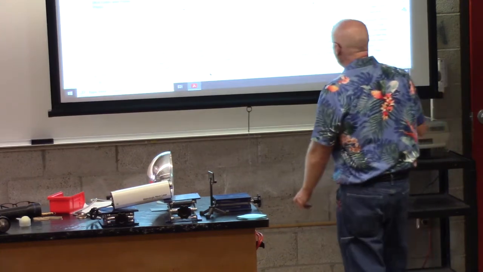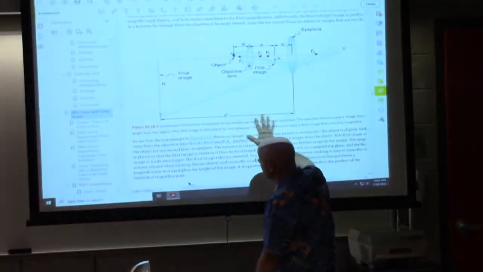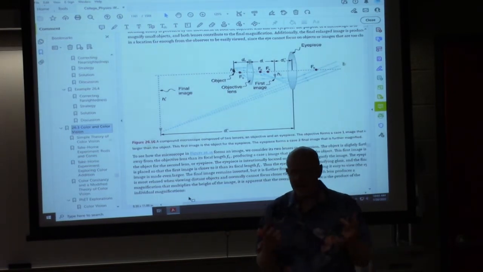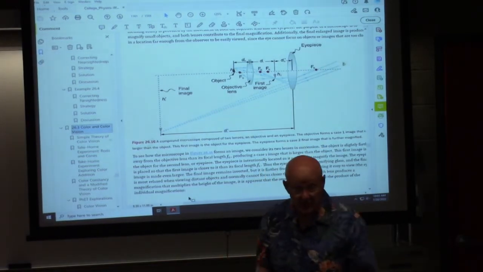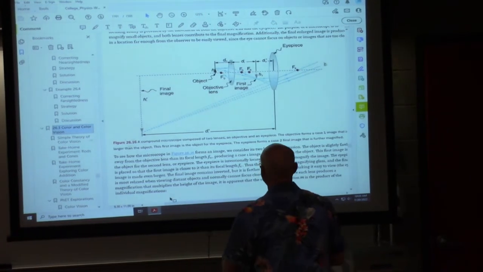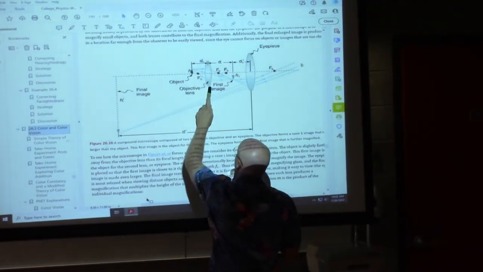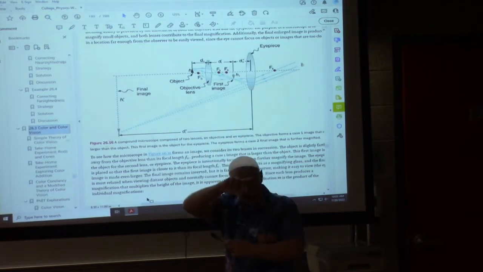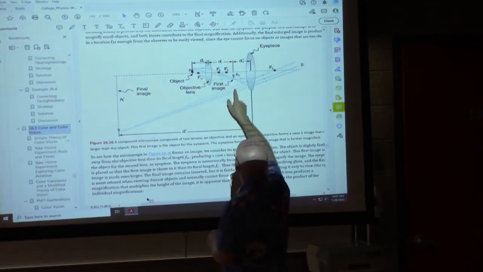And so when we talk about a microscope, we are going to get a magnification for 2 reasons. The first lens, so right here, the objective lens is going to take the object, it's going to make case number 1, so it's going to turn it upside down, and it's going to place it right here.